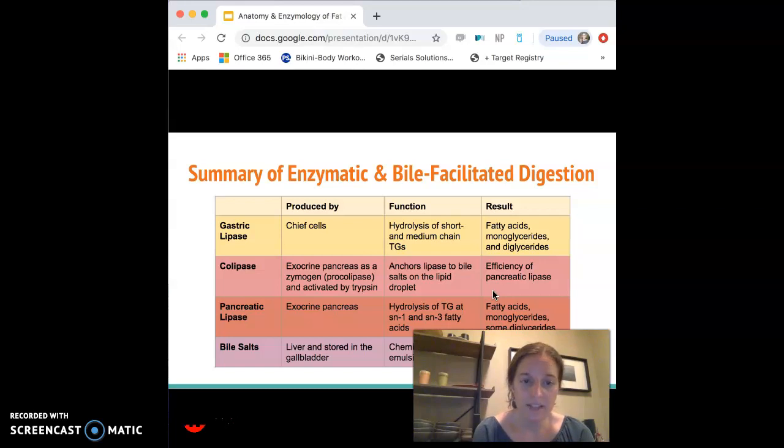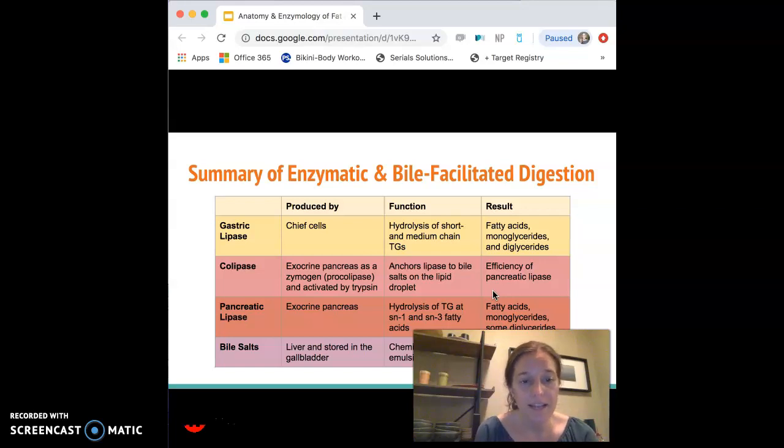Colipase helps to anchor lipase to the bile salts on the lipid droplet, which allows for greater access of the pancreatic lipase to the triglycerides. So we have an increased efficiency of pancreatic lipase and an enhanced enzymatic digestion as well.